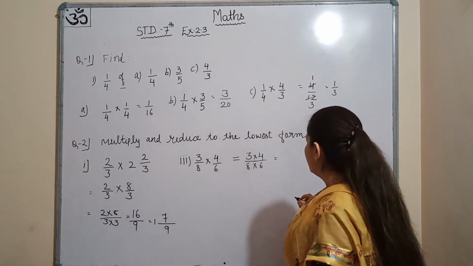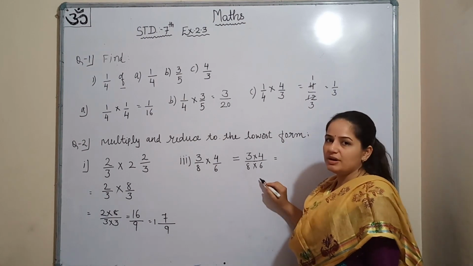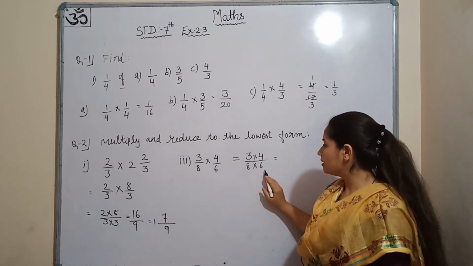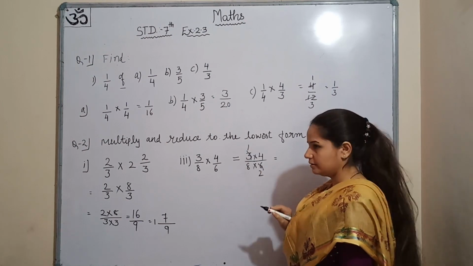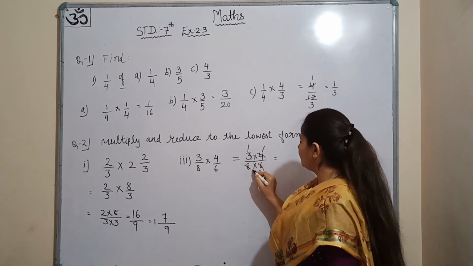Now we'll cancel some common factors from these numbers, that is 3 1s are, and 3 2s are, 4 1s are, and 4 2s are.